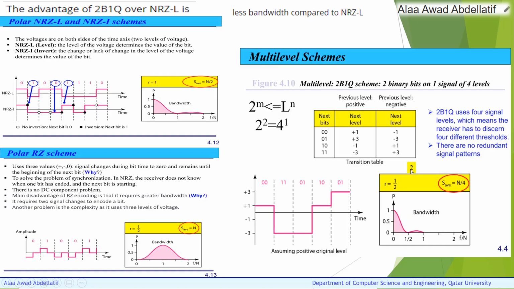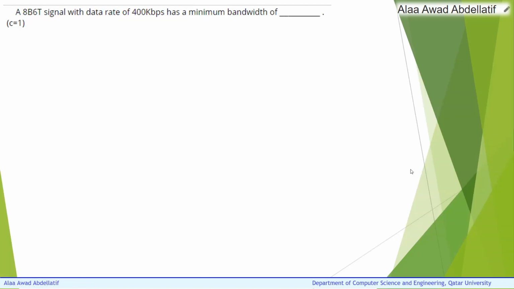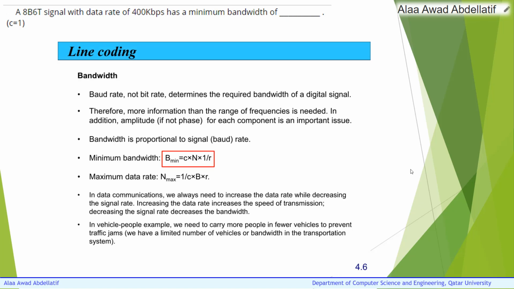Okay. For 8B6T signal with data rate 400 kilobit per second, what is the minimum bandwidth when c equals 1? What's the bandwidth given data rate 400?